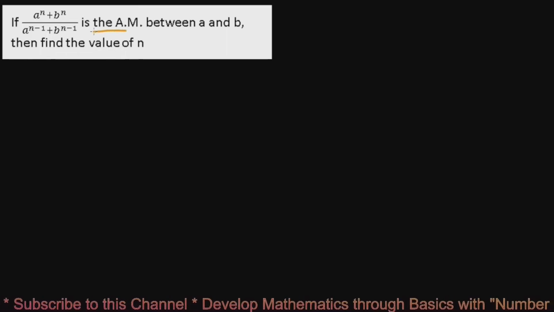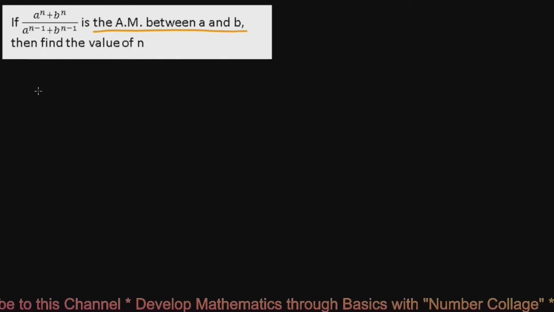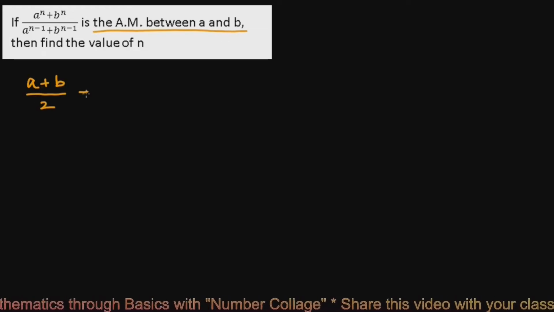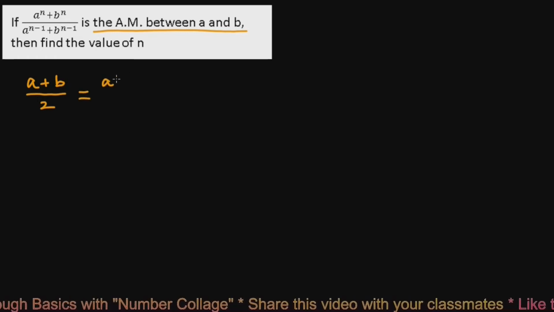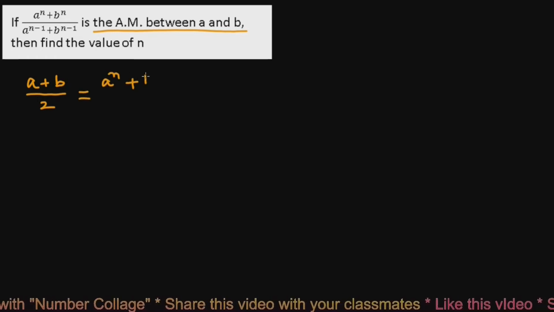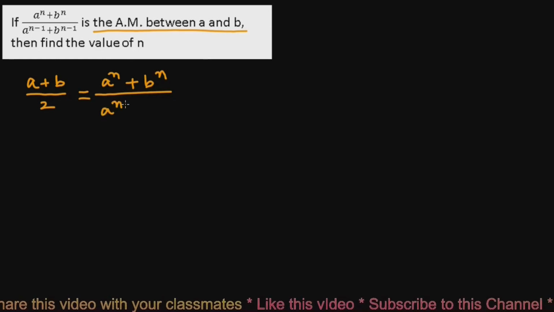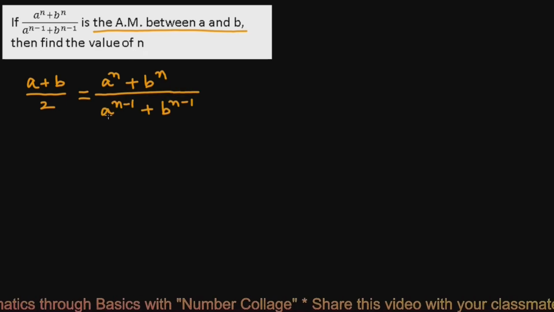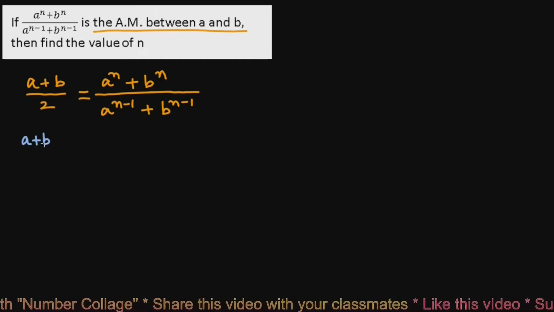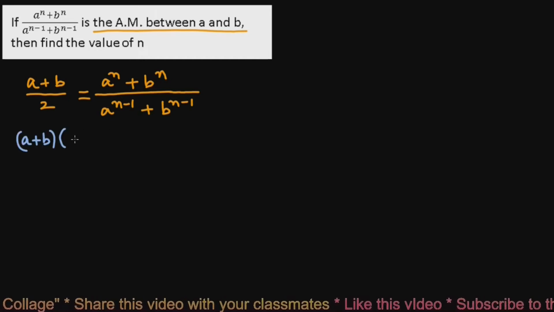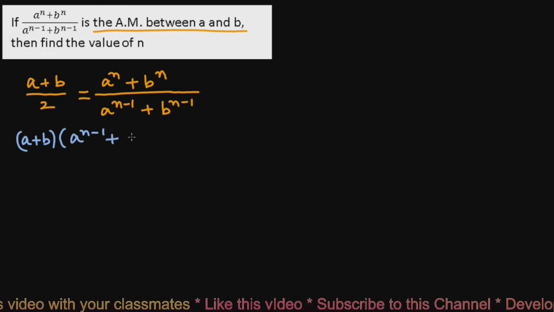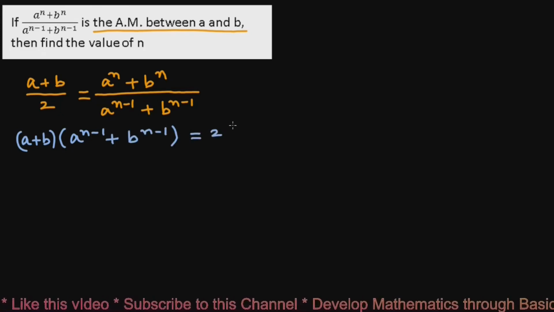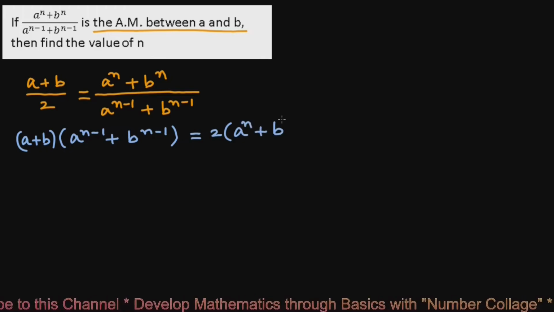The arithmetic mean between a and b will be a plus b upon 2, which is given to be equal to a raised to n plus b raised to n upon a raised to n minus 1 plus b raised to n minus 1. By cross multiplication, we write a plus b multiplied by a raised to n minus 1 plus b raised to n minus 1 equals 2 times a raised to n plus b raised to n.